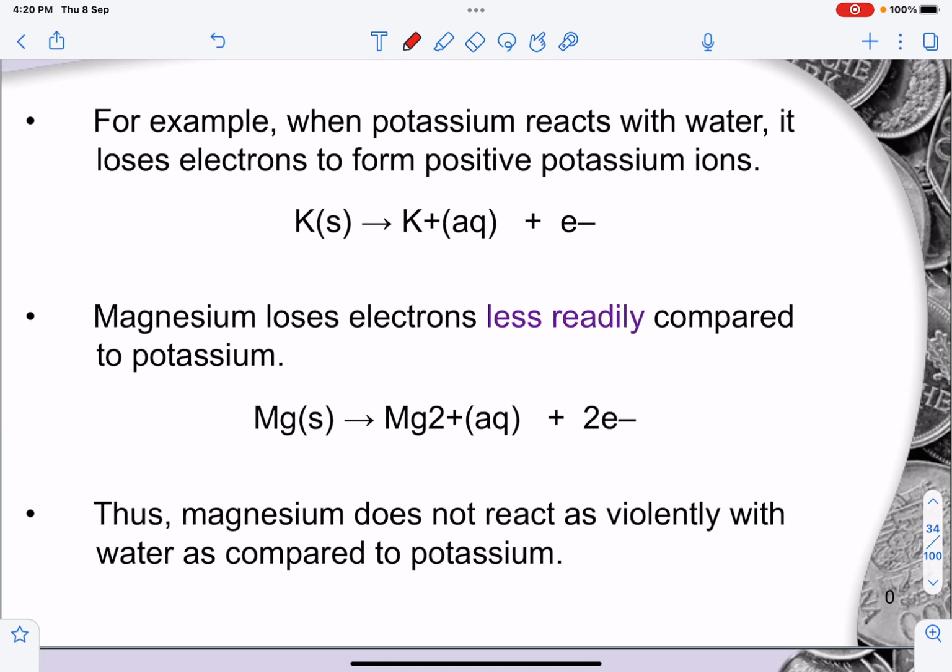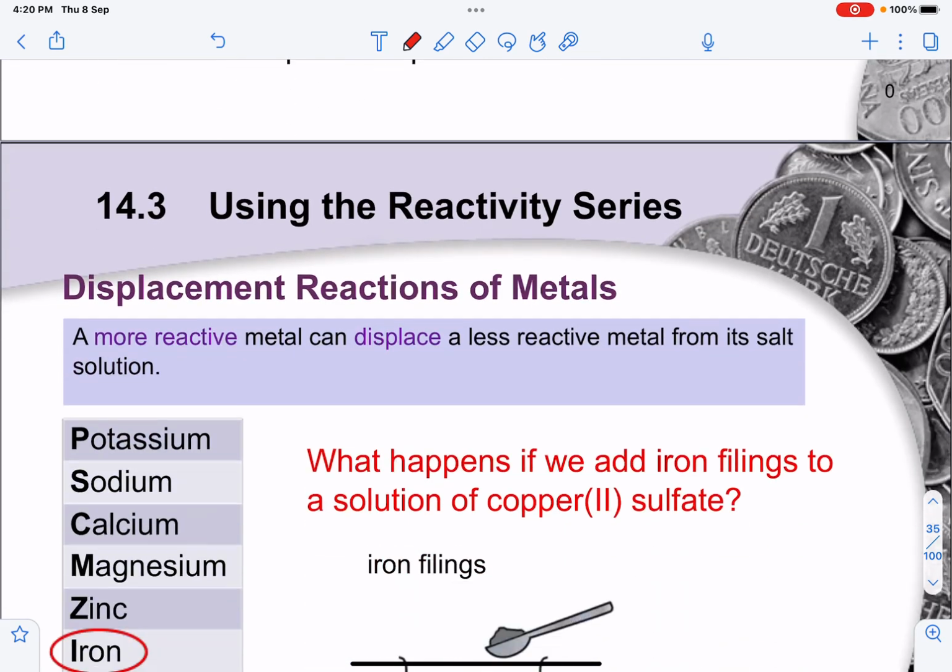If we were to write an equation like this, we'll see that magnesium is able to lose 2 electrons less readily compared to potassium. It's not about the number of electrons, like 2 or 1, but rather how easy it is to release even 1 electron. This is because magnesium does not react as violently as potassium, as it has a lower reactivity compared to potassium.